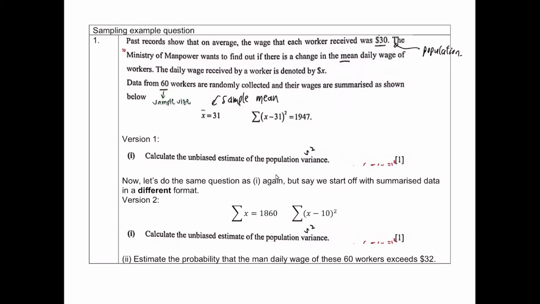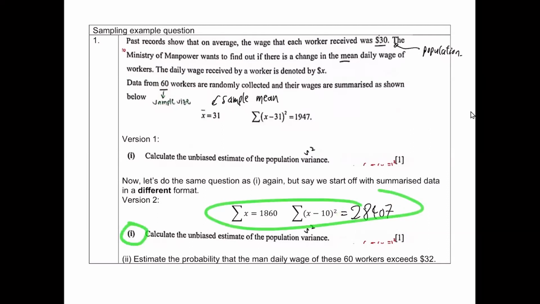What was that value again? Sum of (X minus 10) squared is 28407. Oh, forgot to write it down. Wow, this one's so important. Forgot. 28407. Okay. Then I want you to calculate the unbiased estimate of the population variance with this as the starting information in version number 2.